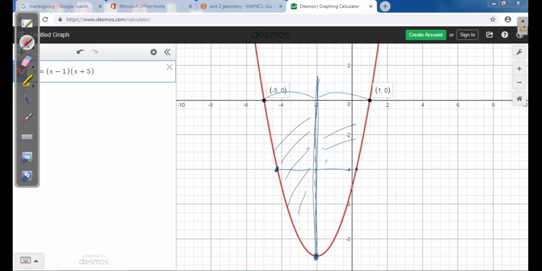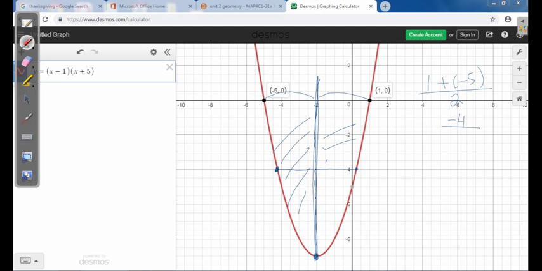How can I find the middle of 2 points? Add them and divide by 2. So to know where the axis of symmetry is, I add the 1 plus the negative 5 and divide by 2. 1 plus negative 5 is negative 4, and if I divide that by 2, I get negative 2.